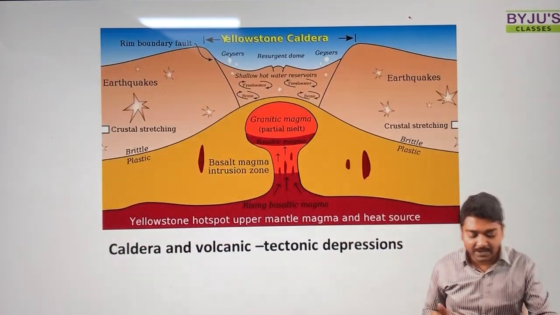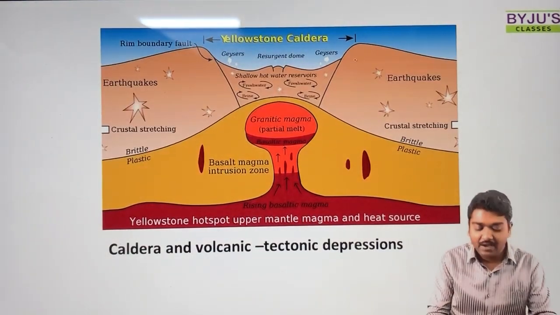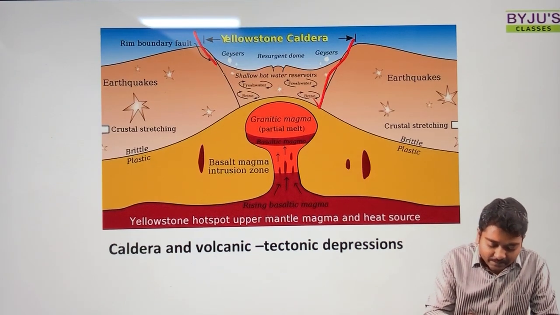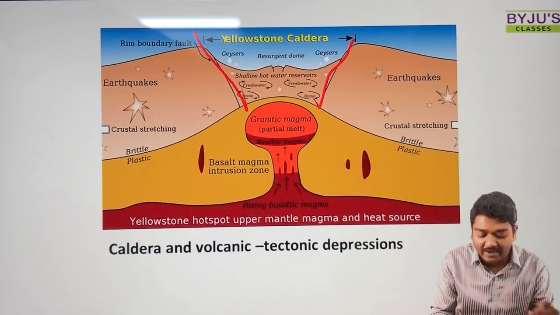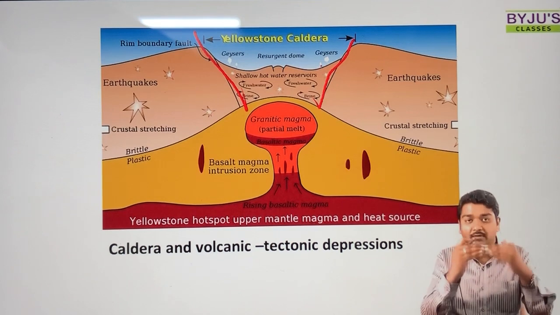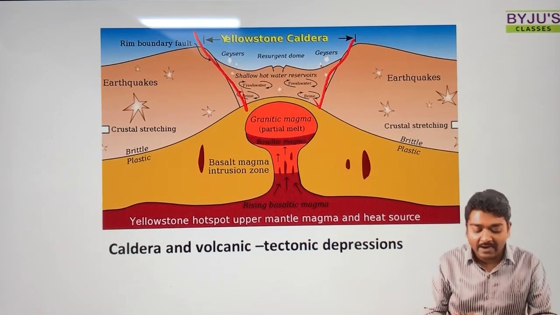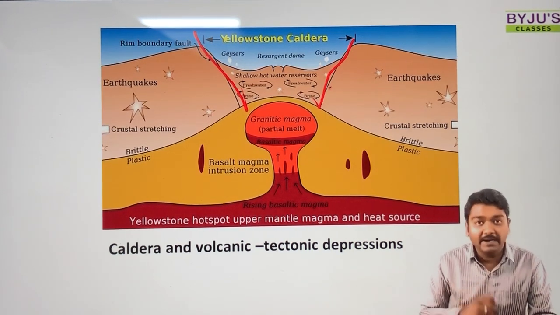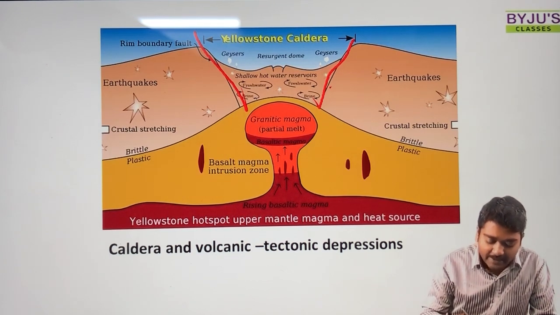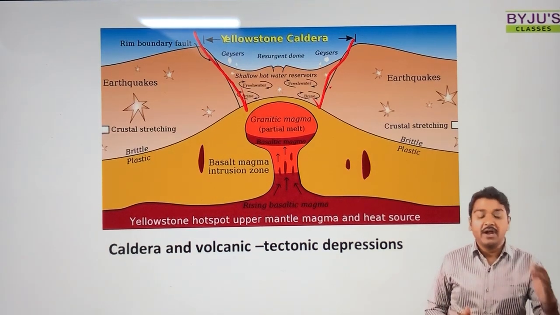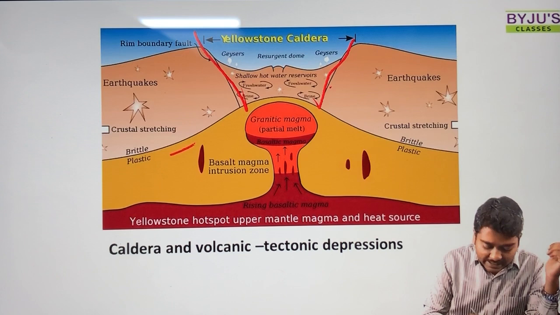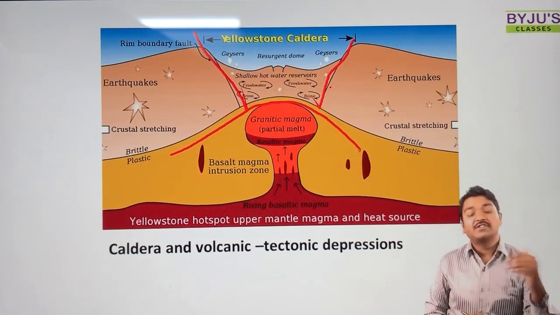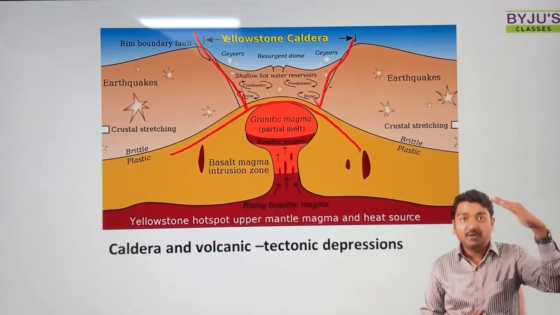If you see this picture, you have two fault lines, you have the structure in between, and this is actually going down. But it is protected by the magma flow which is coming from above. A basaltic plug is formed, which is not allowing the caldera to go down.